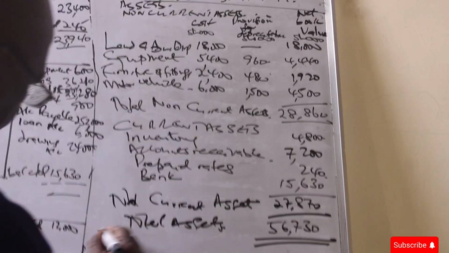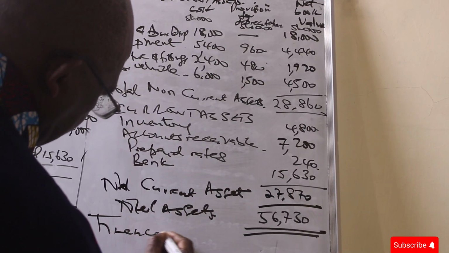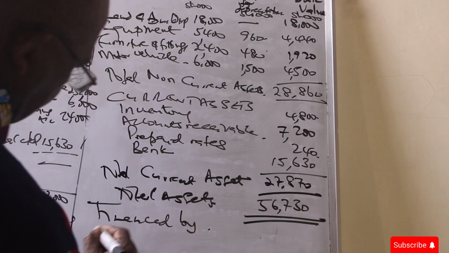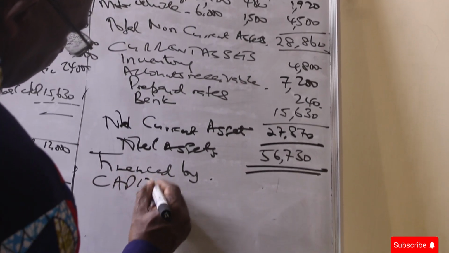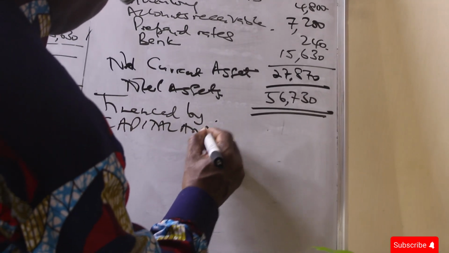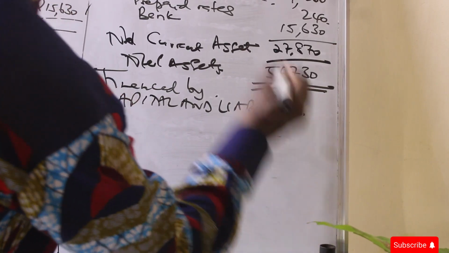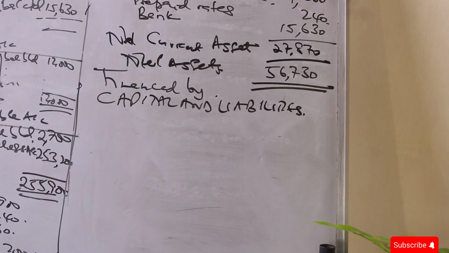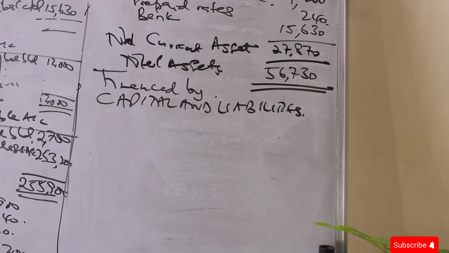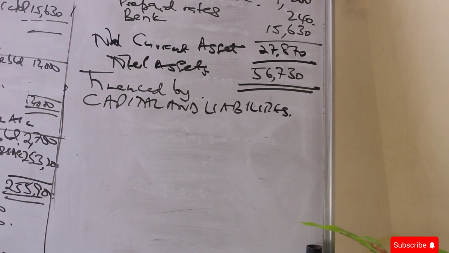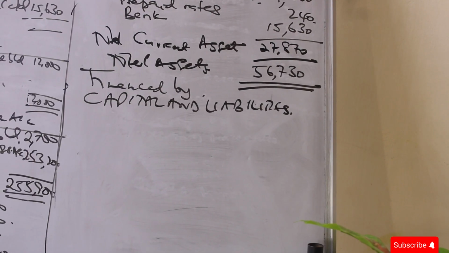Where did we get the money from? We say financed by capital and liabilities. We did the working of our capital, and from our workings our capital is 27,000.